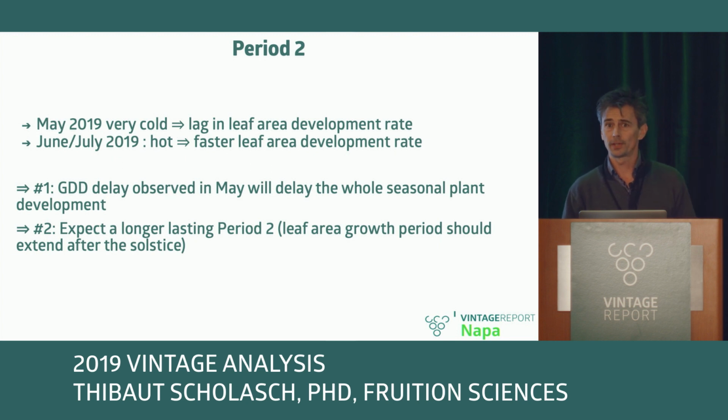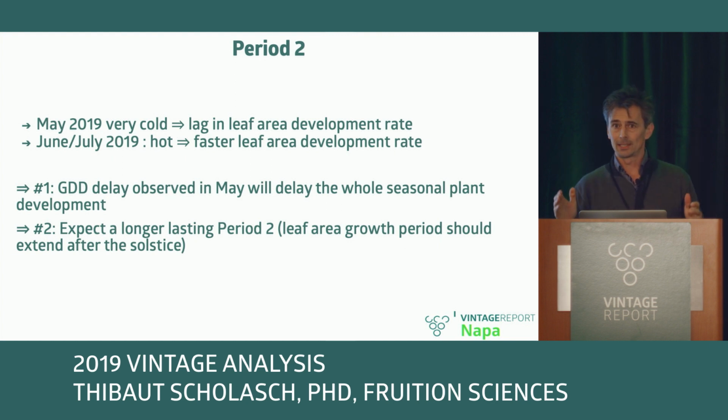We also observed that we caught up in June and July. That means that during the longest days of the year, June 21st being the longest, we had more photons and more temperature. So that explains why we have this explosive leaf area development rate, which are the two take-homes I highlight here. The delay observed in heat accumulation during May will actually affect the entire season, and we'll see in a minute what it means.